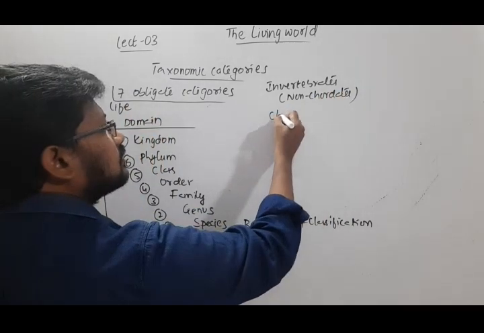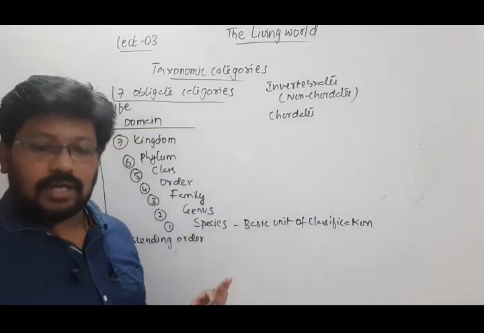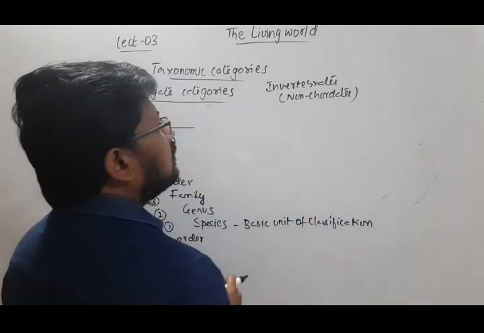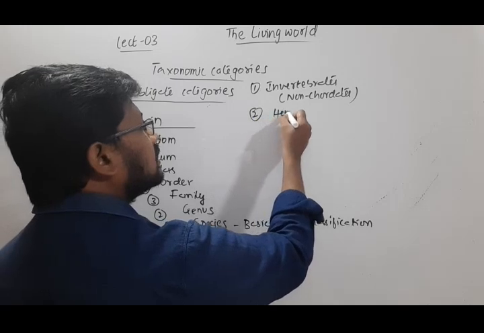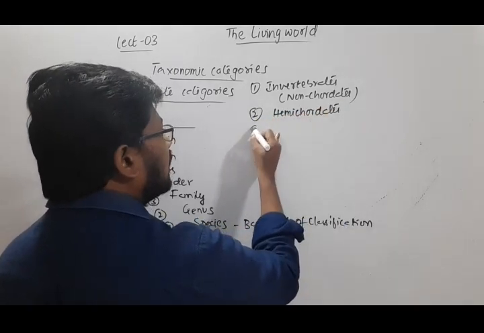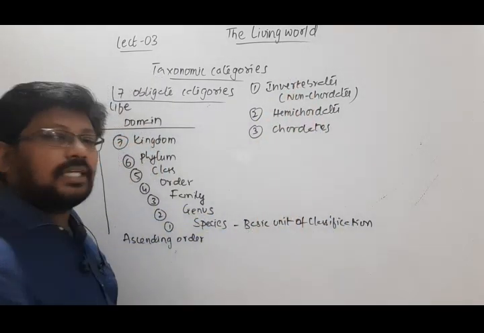And then chordates. In between we have the hemichordates and then chordates. So all animals will come under these categories.